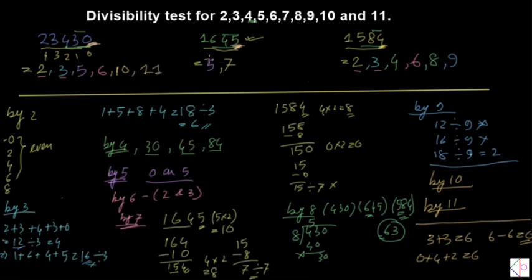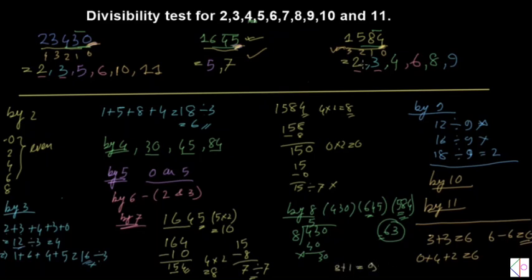Okay, let us take another number, and I will leave one for your homework. You have to try it yourself. Let us take the third number, 1584. What are the places of those digits? 0, 1, 2, 3. The odd places: 8 plus 1, that means 9.